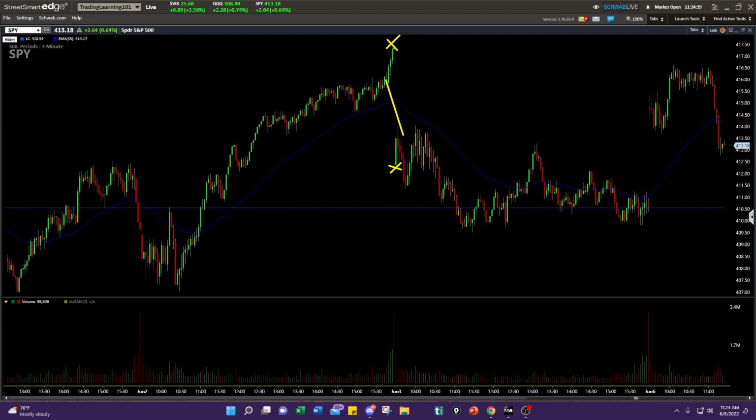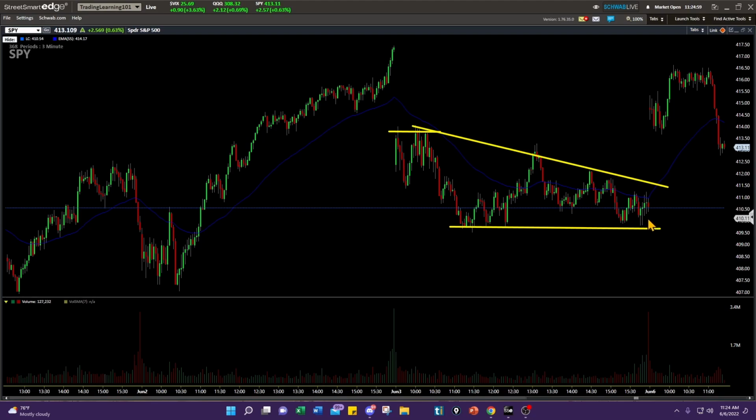The stock over time came back up, retested resistance here at 413, trended back down, and we set up this descending wedge right here. Then we got a big gap up right here. And if you extend out the line from resistance, with this gap up, we were pulling back and holding all of this support right here, which was old resistance.